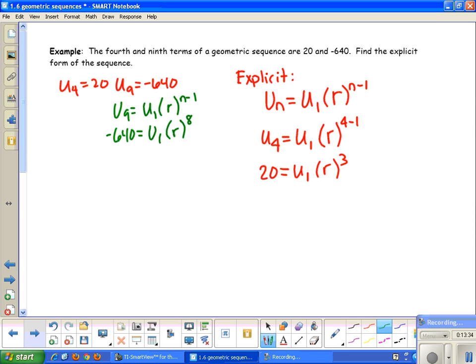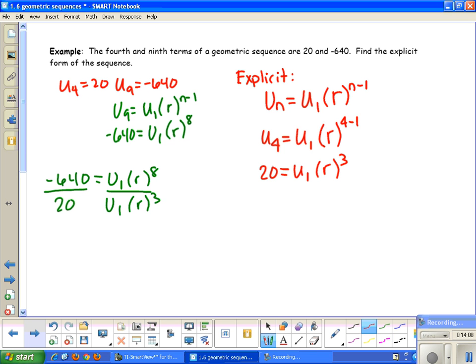With arithmetic, you subtract the difference, but now we are going to divide to get the common ratio. So you take the term that's the farthest one, the ninth term, so negative 640 equals u sub 1 times r to the 8th power, and you divide that by the other term, which was 20 equals u sub 1 r to the 3rd power.